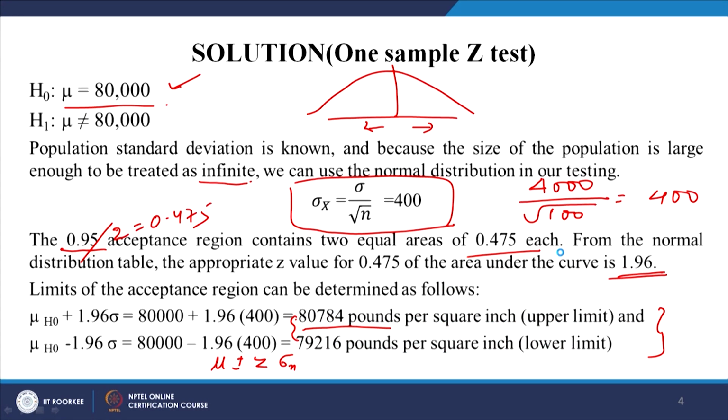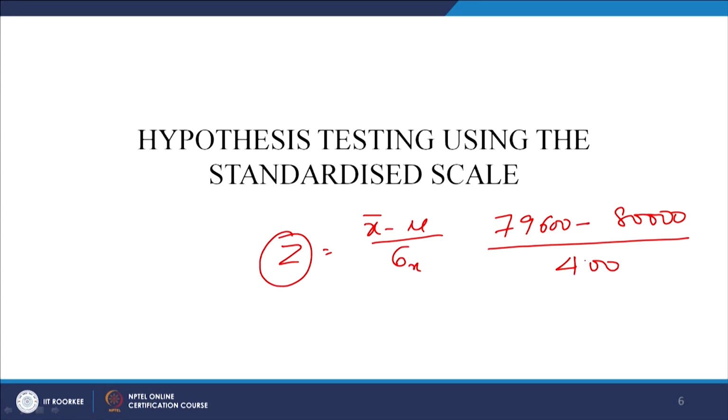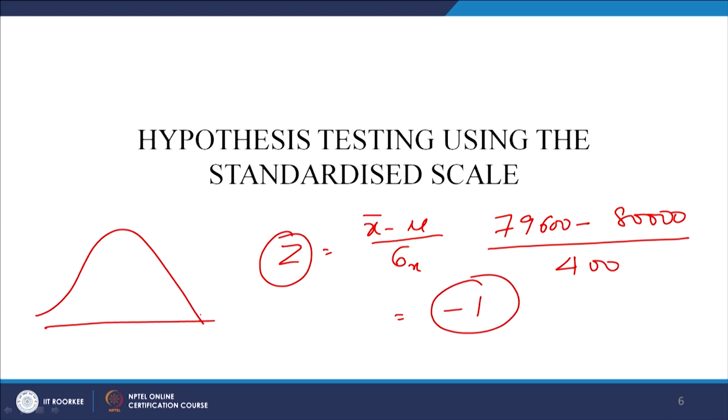Yes, sigma x was 400. So, that is equal to minus 1, right. Your z value should lie between, for a 95% confidence level, minus 1.96 to plus 1.96. If you look at it, your value is at minus 1, which will be somewhere here. So, it is within the acceptable limit. So, again you do not reject the null hypothesis.